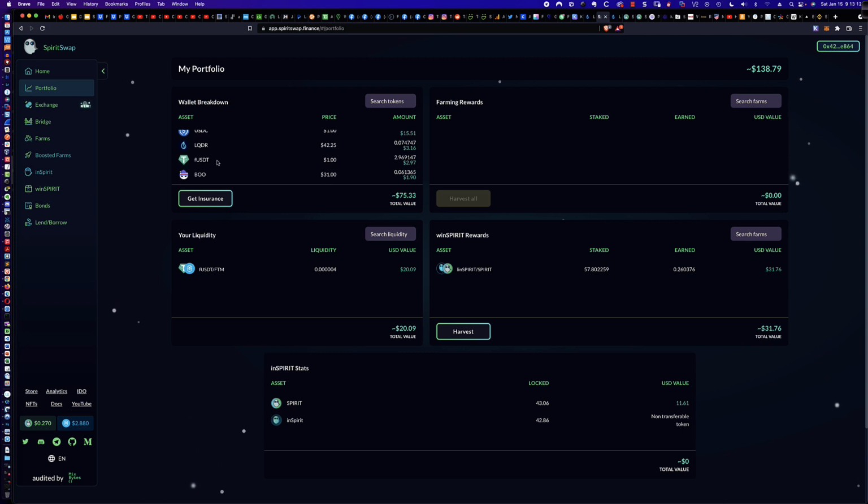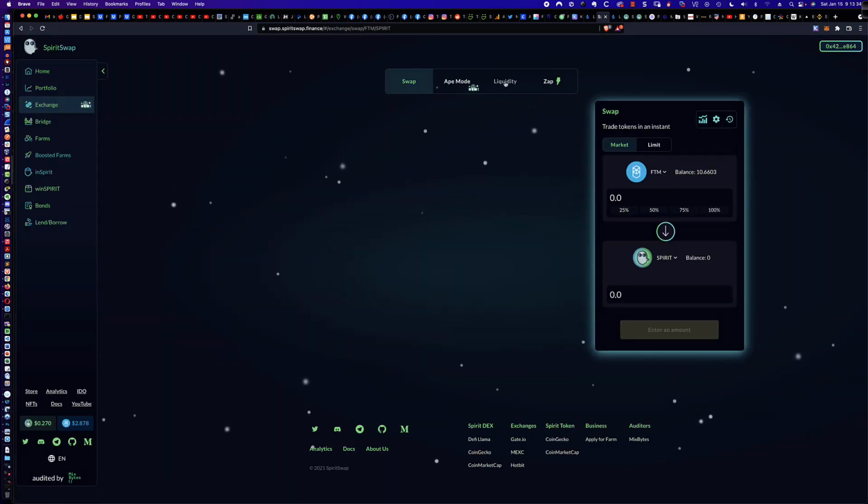My FUSDT, and I apologize if I'm saying FUSDC sometimes, but FUSDT is 2.96. Again, those are both the totals that you see in my wallet. The reason that we don't see the additional amounts of FTM and FUSDT reflected here is because it's tied up as a liquidity pair.